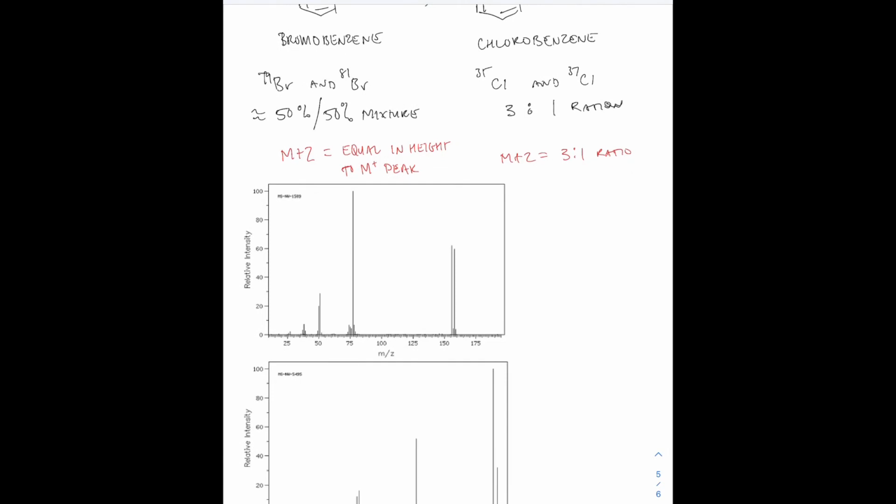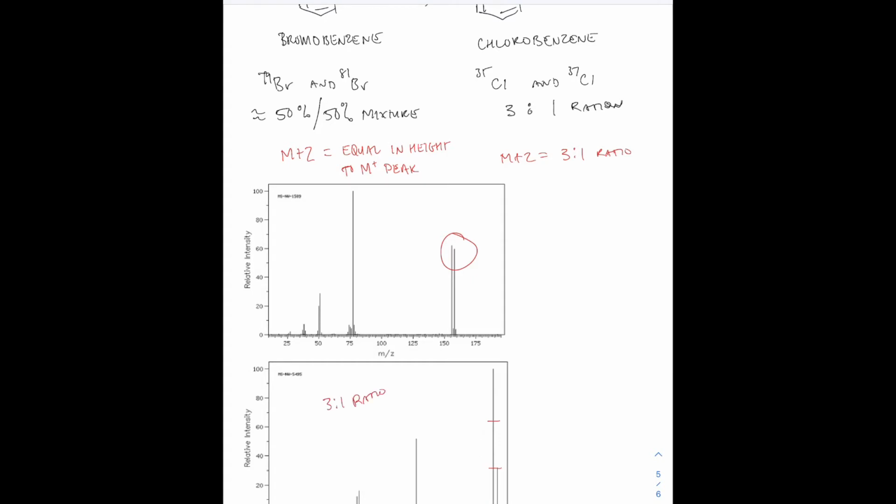As you can see, these peaks right here are approximately 1-to-1 in height, and then these ones right here are about 3-to-1 in height. The way I would slice it is right here, and then imagine another one here, and then this. So this would be 1, 2, 3, and so that's obviously a 3-to-1 ratio.